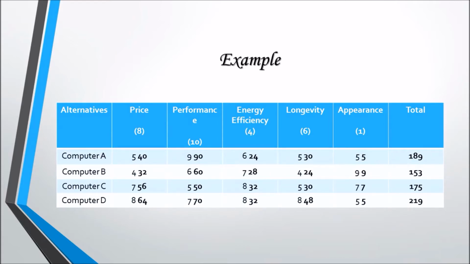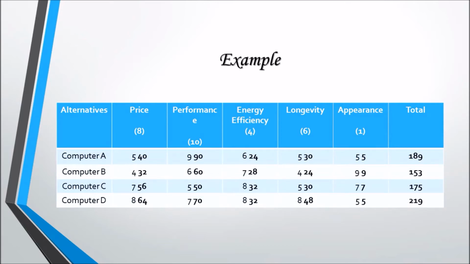As we can see, computer B has the lowest value. The price is the lowest, but the performance is not that good compared to the other computers. And also the energy efficiency, well, it's pretty good, but the longevity is quite bad, or worse than other computers. Even though the appearance is good, we would not choose this computer.